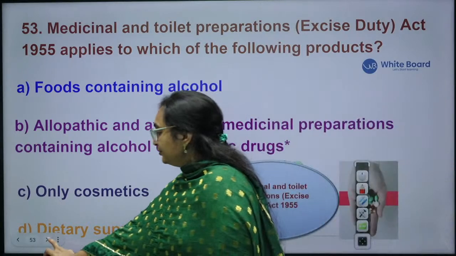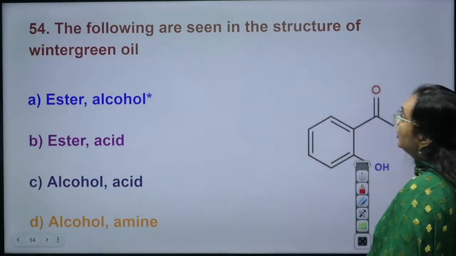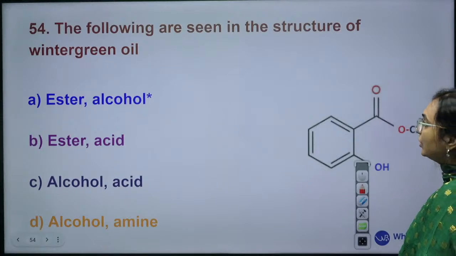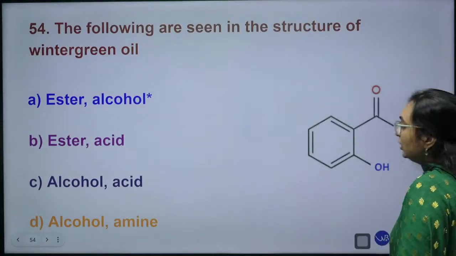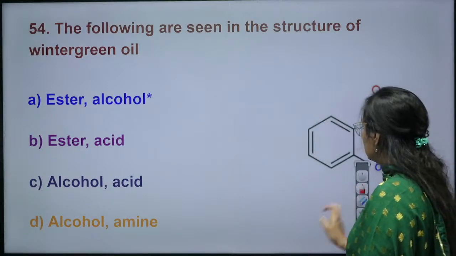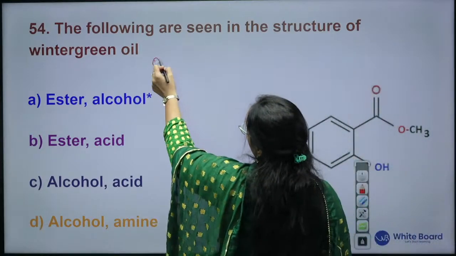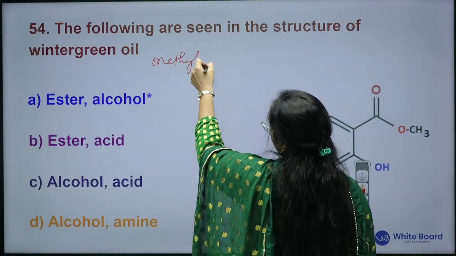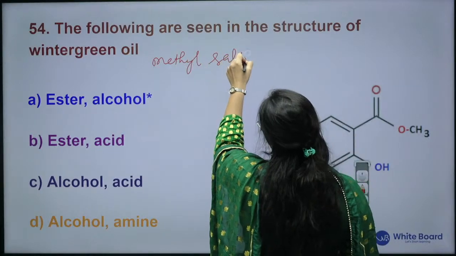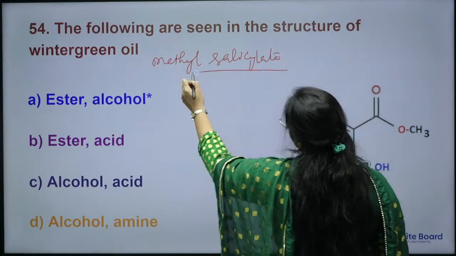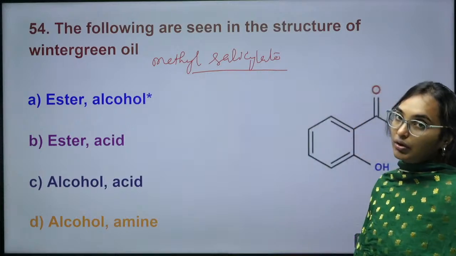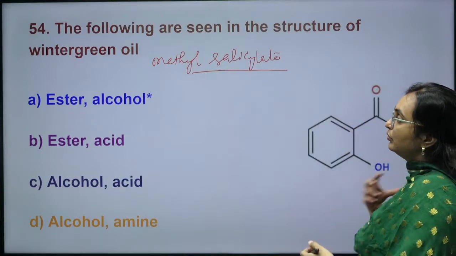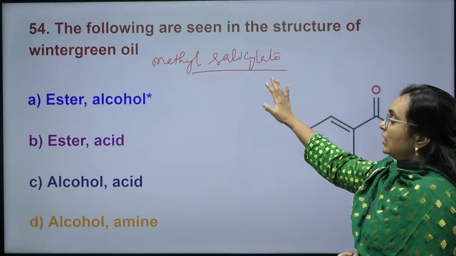Next question. The following are seen in the structure of wintergreen oil. What is wintergreen oil? Wintergreen oil is methyl salicylate, which has a very good smell, is relaxing and reduces pain. Its name is methyl salicylate.